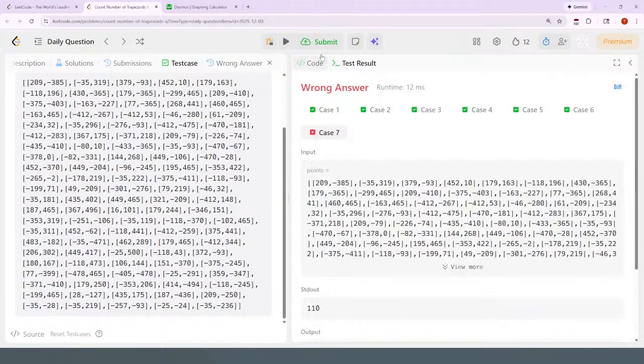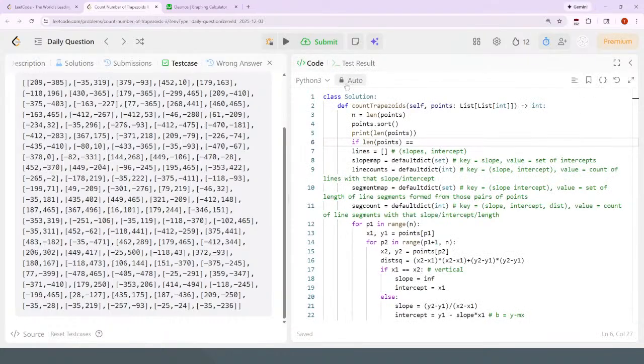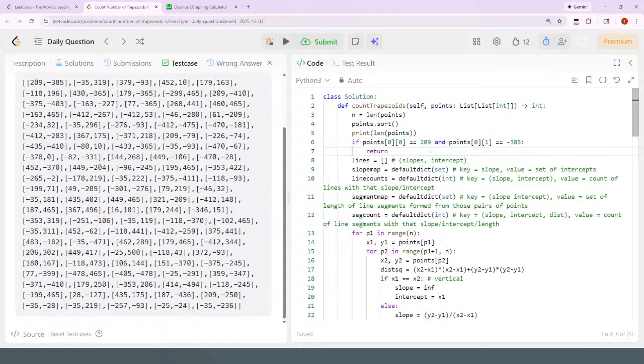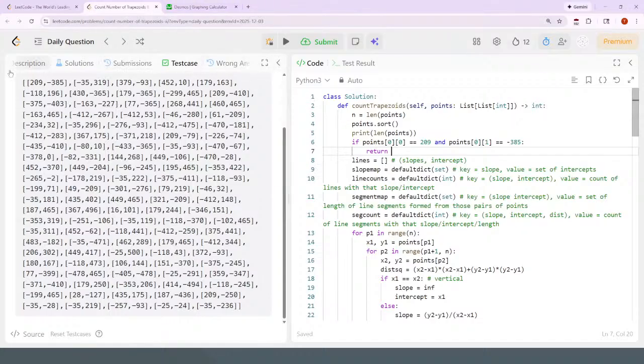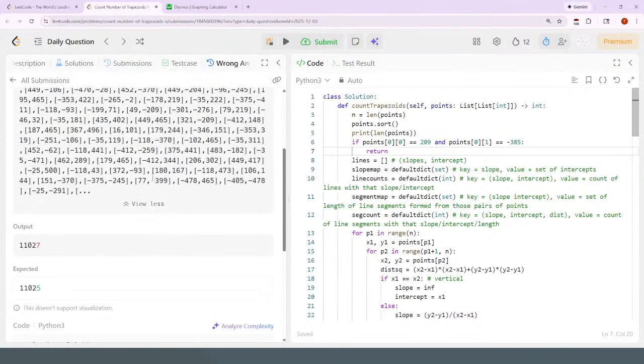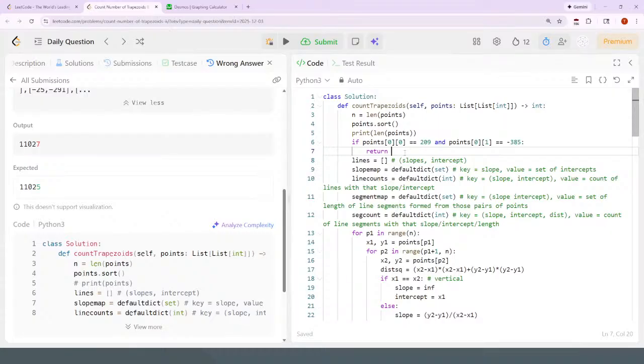So if my length of points is magical 110, actually maybe I should just do: if points at 0 is 209 and points at 1 is -385, return the correct answer of 11025.